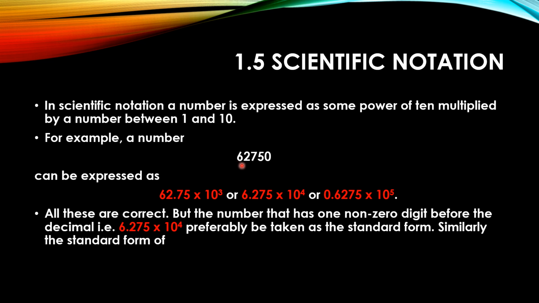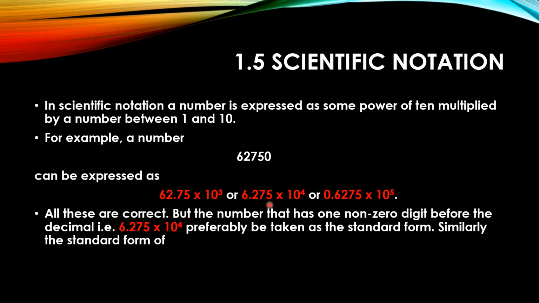In this expression 62750, we are moving the decimal from right towards left, and we are placing the decimal after 6 to make the reading 6.275, and the total number of digits between the first and the last decimal are 4.